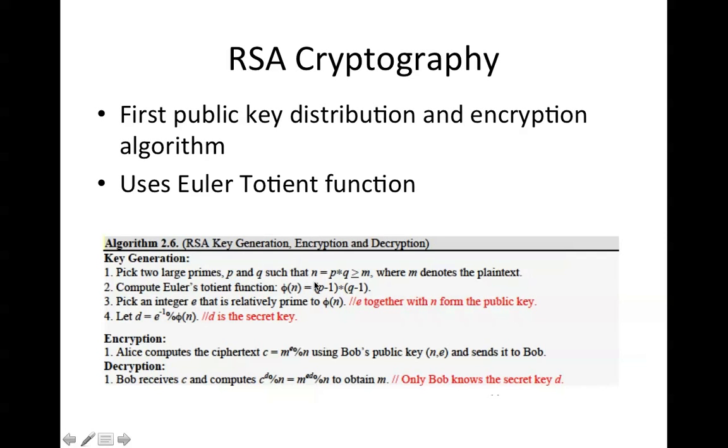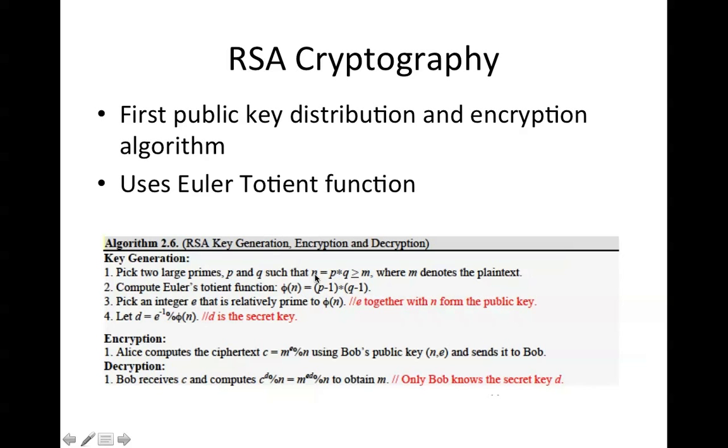The number you formed, N, is a product of two primes. You could make it a product of more than two primes, but keeping it to two makes this process effective, as you will see. That N is part of your public key. In fact, you just let people know what that is.